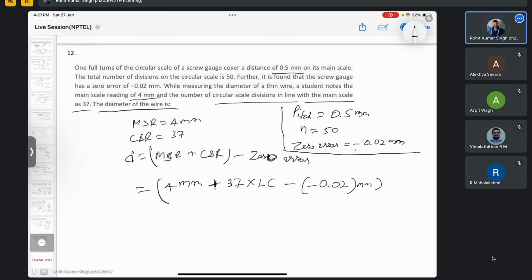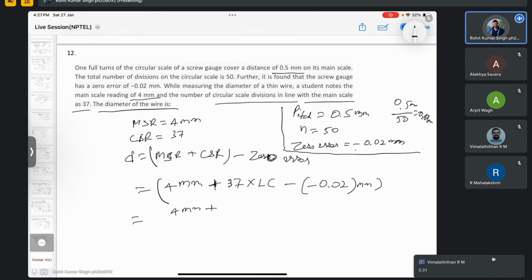Least count is 0.5 by 50, which gives 0.01 mm.